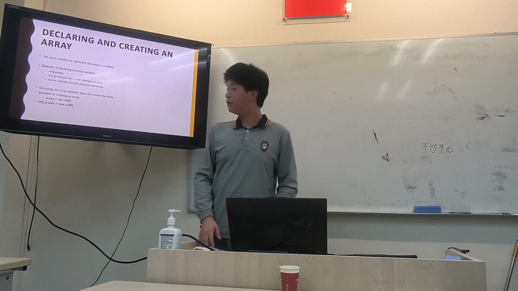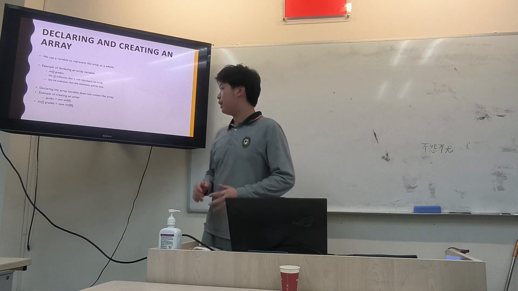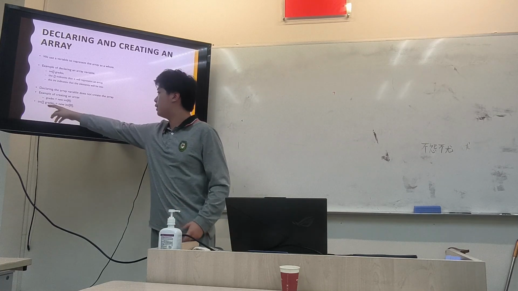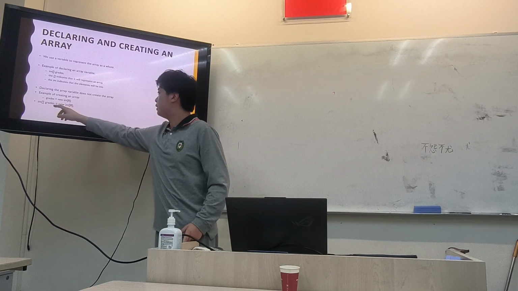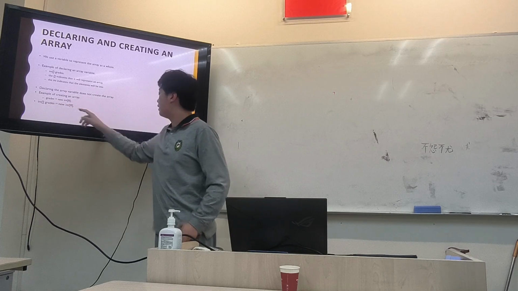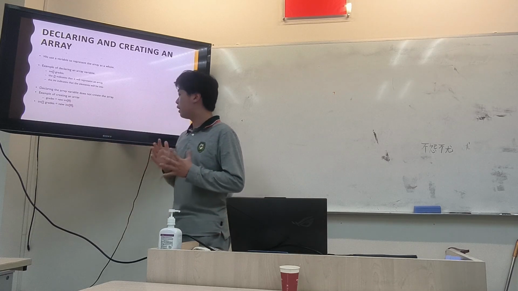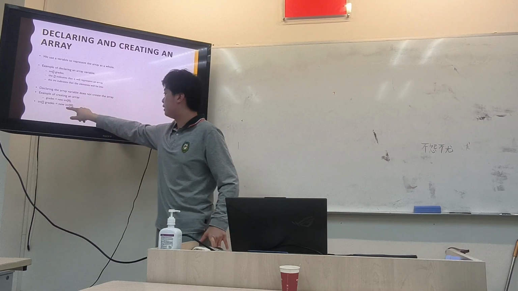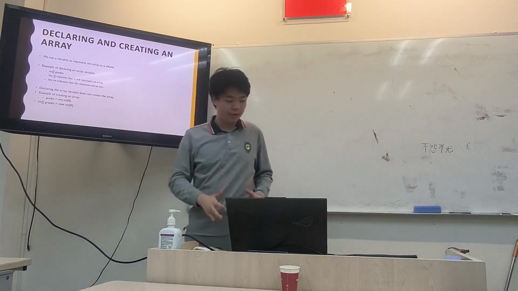So by combining these two, you can create a new array in this form. You put int, then square braces, then space, then grades, then you give 8 int type variable elements in it. So it has 8 int type elements here.